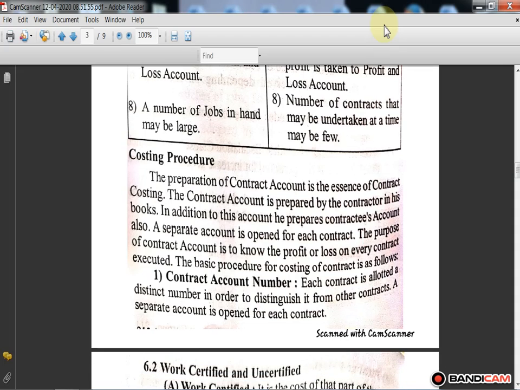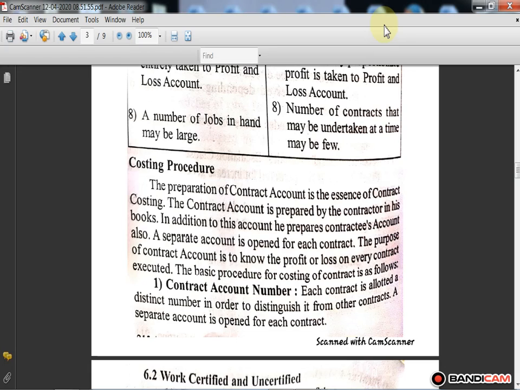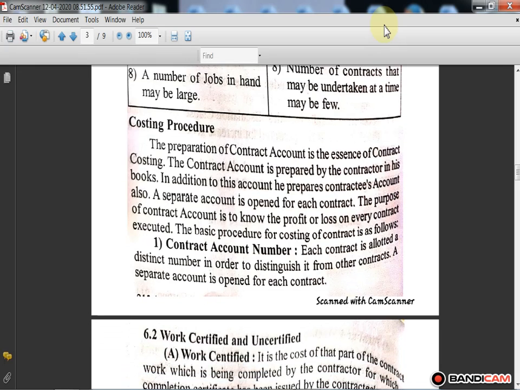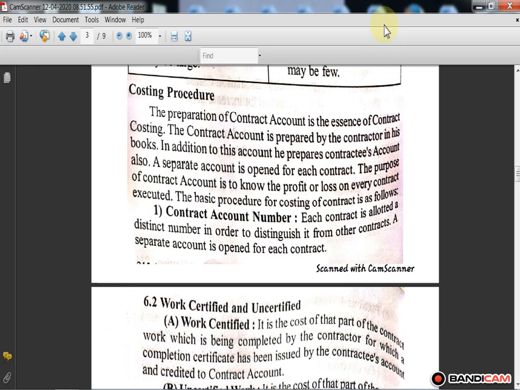First point. The contract account is prepared to know the profit or loss of each contract. In addition to the contract account, the contractee's account is also prepared in the books of the contractor. Here, the first point is contract account number.